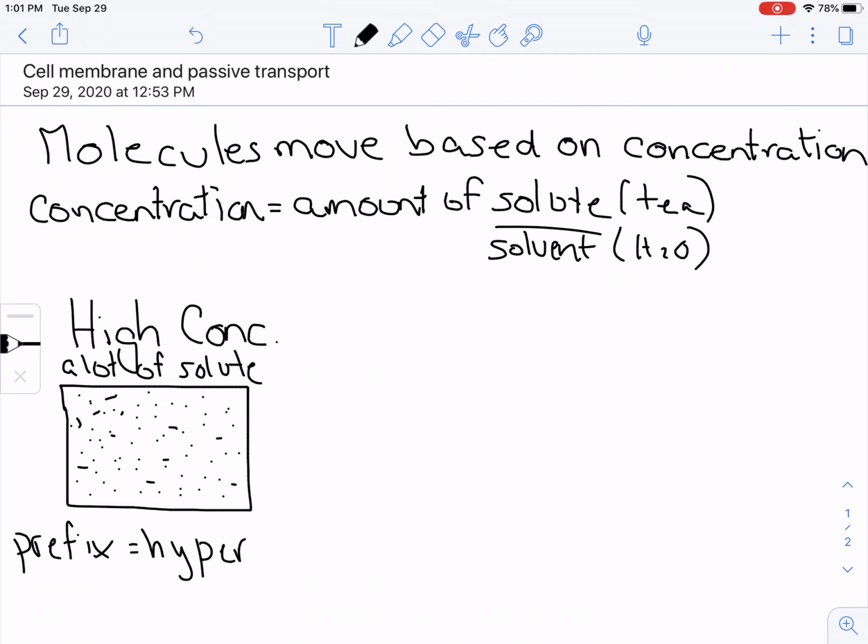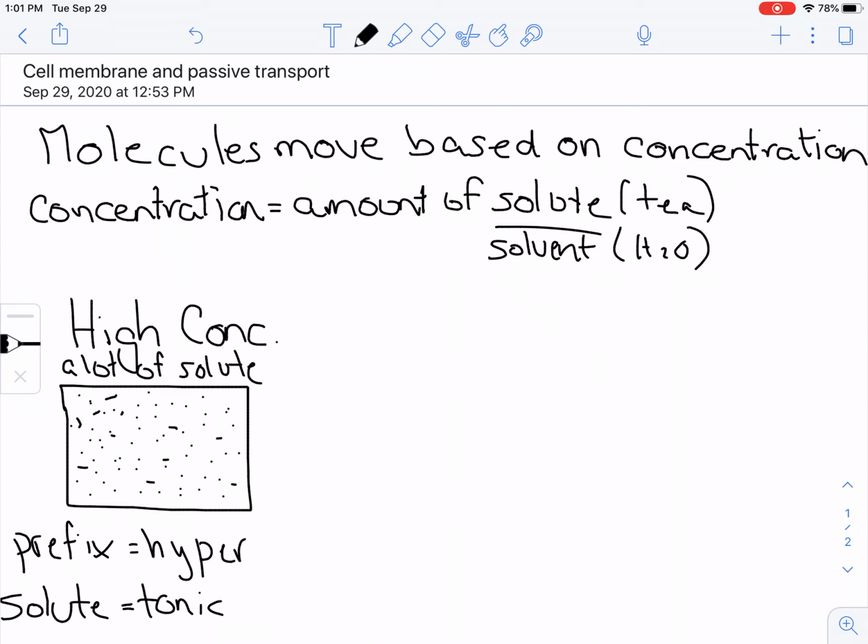They're hyperactive, with high amounts of activity. We use hyper to describe a lot of something, and because we're talking about the solute, we usually use the word tonic. So whenever you have a place that has a lot of stuff, we refer to it as hypertonic.